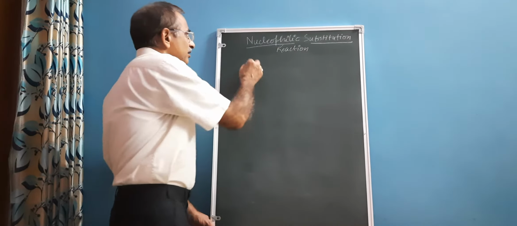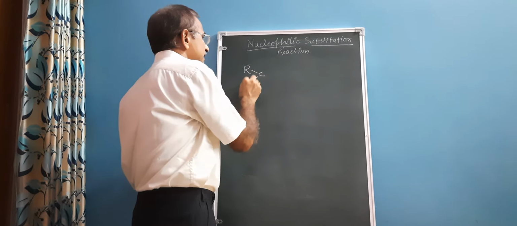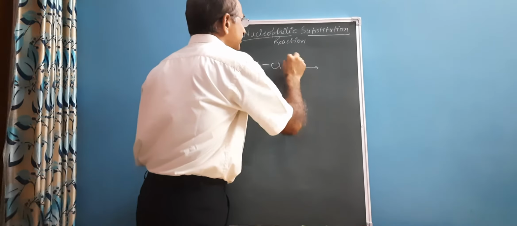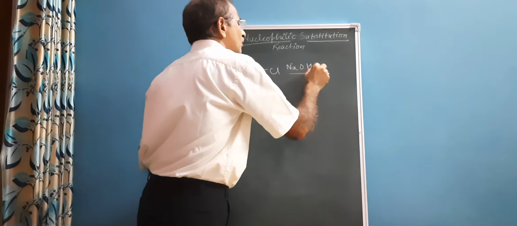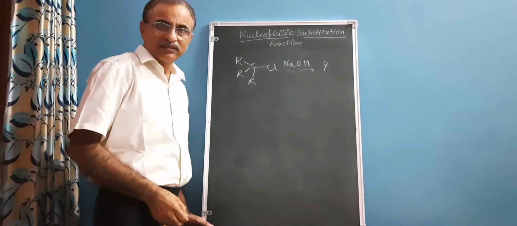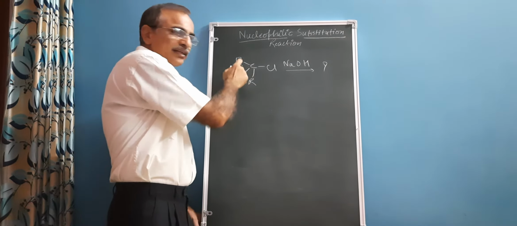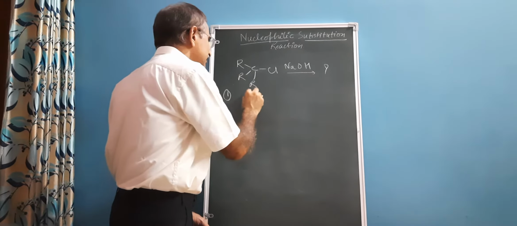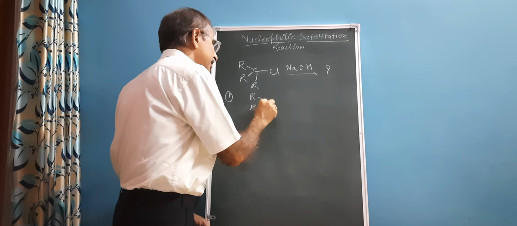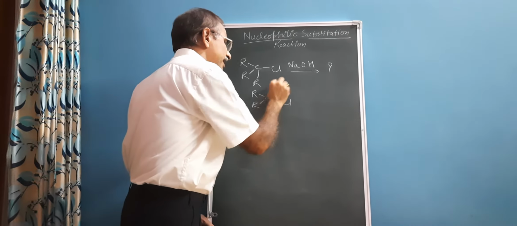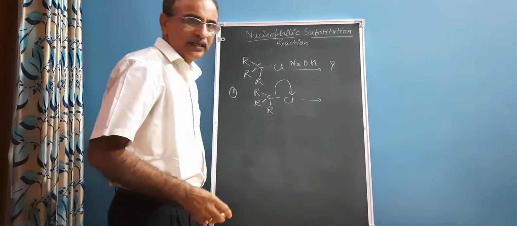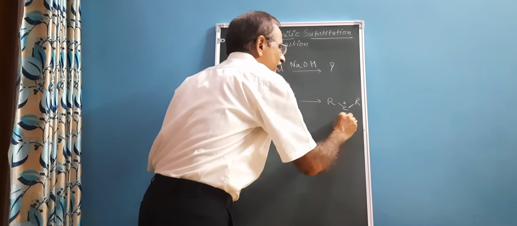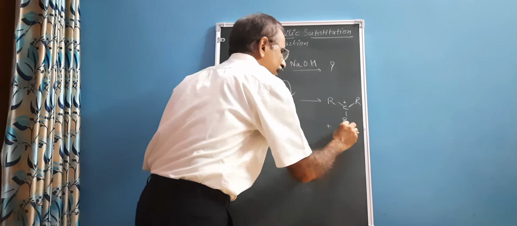Now take this example. Here we are having 3 alkyl groups, and under similar conditions, what will be the product formed here? Here, because of the 3 alkyl groups, in the first step of the reaction, this haloalkane undergoes heterolytic fission of the carbon chlorine bond, and as a result there is formation of Cl minus.